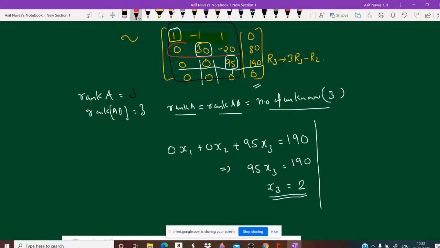Now what about the second row? From here we get 0x1 plus 30x2 minus 20x3 is equal to 80, right?